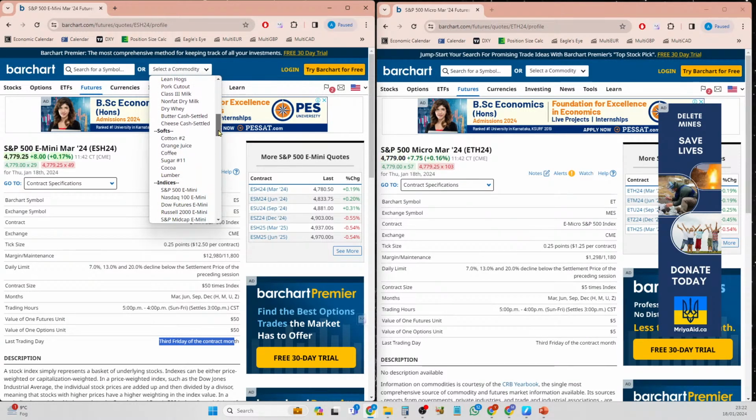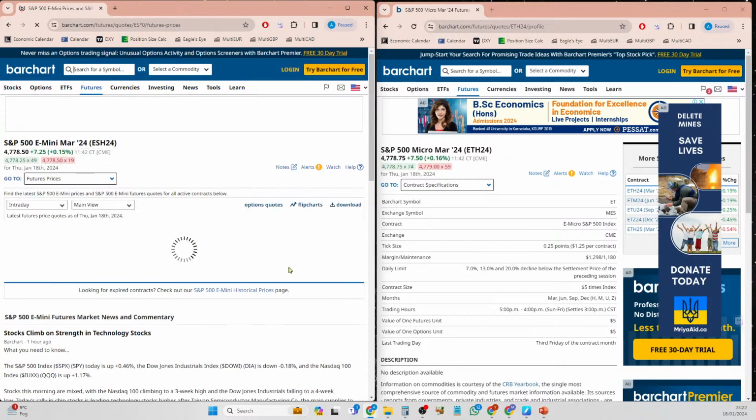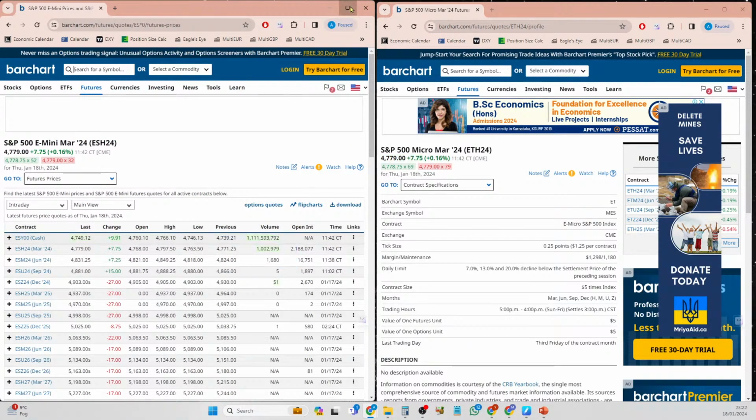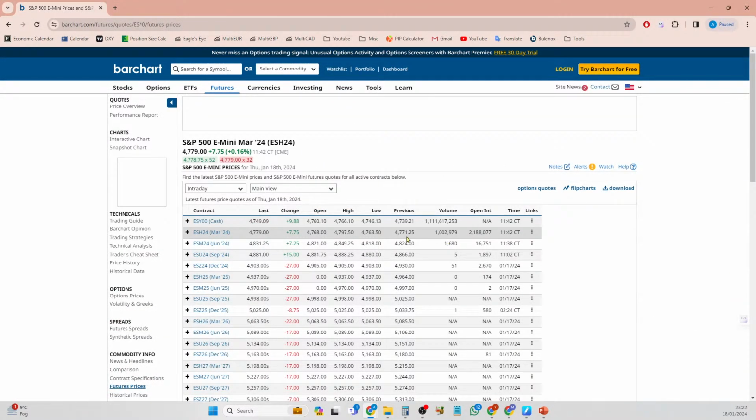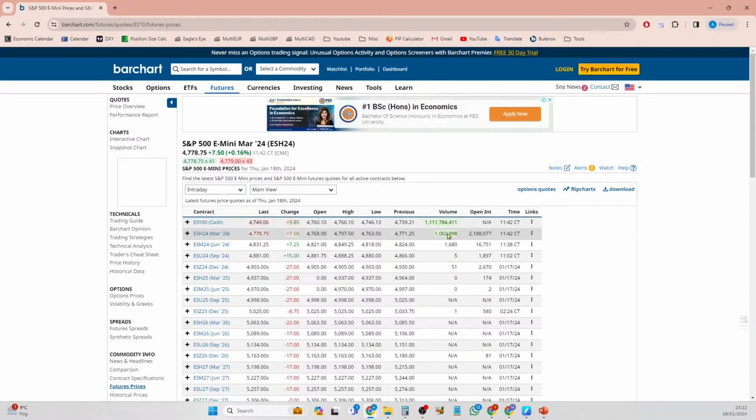Basically, you would be tracking the value of volume as well as open interest. So the contract in which this number is higher. So let's say at the expiry, these numbers are going to reduce, but the next one would have higher numbers. So that is when you switch to the new month.